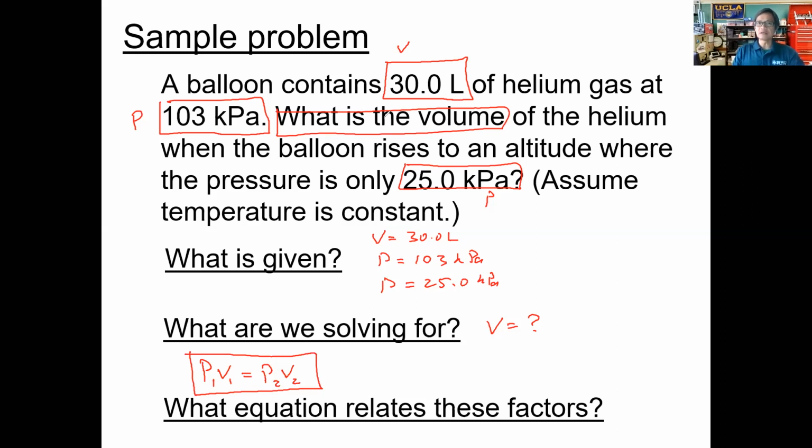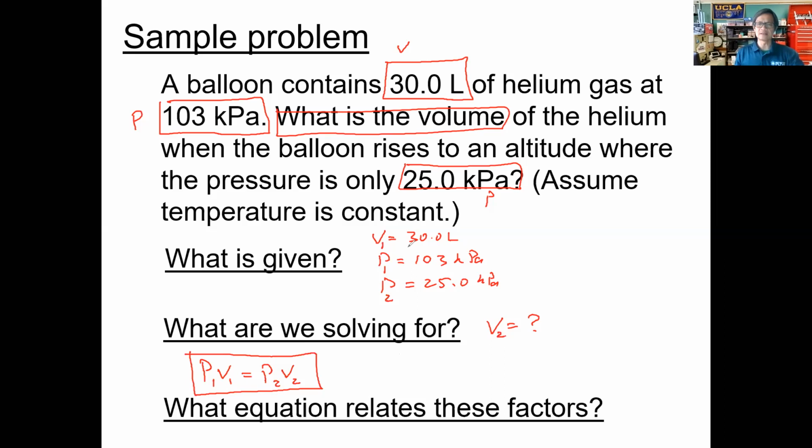Then they change the pressure to 25 kilopascals because the balloon goes up in altitude, and they're asking us to find the new volume. Which means, folks, this is the initial pressure, P1. That's what we start out with, and that's what it changes into. This is the volume for this pressure, so that must be V1. So we are solving for V2. That's what you have to be able to do as well.